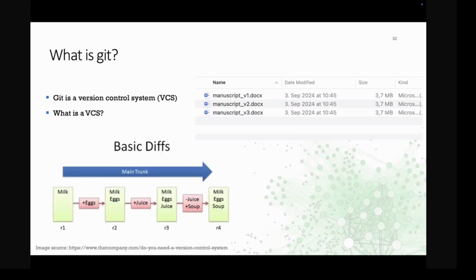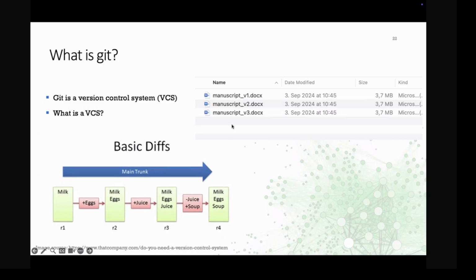And the idea of Git, I should be more precise, is to do in some way the same thing. So imagine you have a file here and you put here milk and then you add X and then you have version 2, called revision 2 here. Then you add juice, you have revision 3, and you remove juice and add soup and you have revision 4.